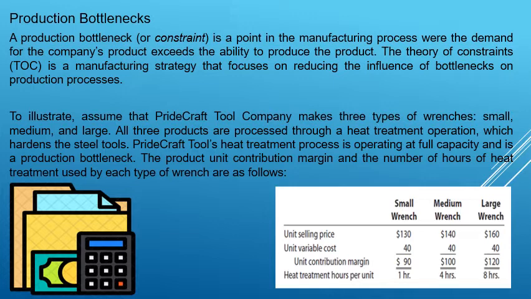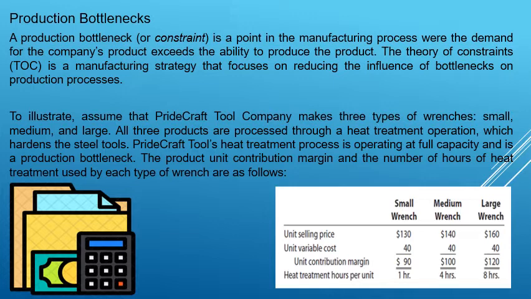For the small wrench, the unit selling price is $130. For medium we have $140, and for large we have $160. The unit variable cost is the same, $40, and the unit contribution margin for small is $90.